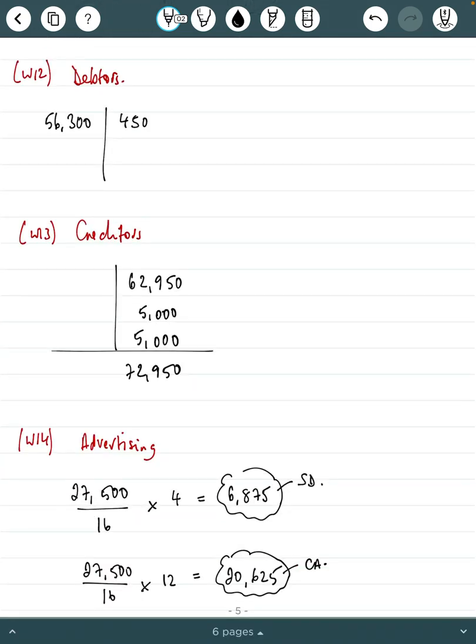Now we must not forget, we go back to our debtors, and our debtors are going to be reduced now by €24,000. Because of that €24,000, the 16,800 is a bad debt, and the 7,200 was received in the form of a check that's gone into our bank account. I don't believe there's any other debtor figures. Just in case there is, I'll leave it open and come back and close them off at the end of the question.